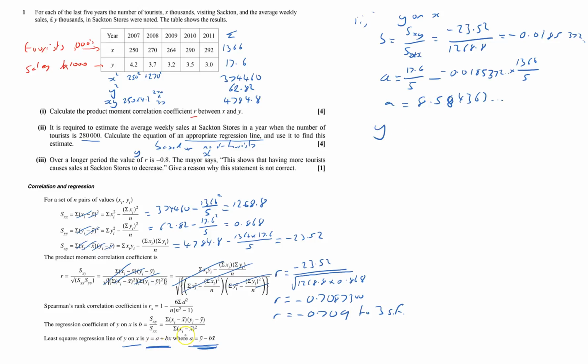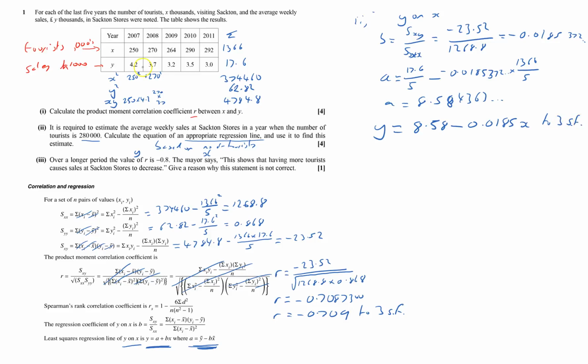Now I've got a, I've got b, and so I've got my formula. That's what I want. y equals a plus bx. So y equals 8.58 plus, it's not plus in this case because b is minus, so minus 0.0185x, and that's to three significant figures.